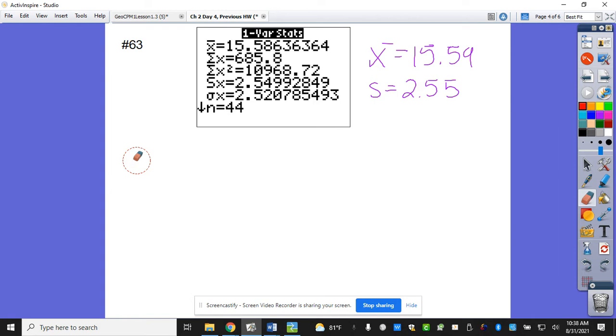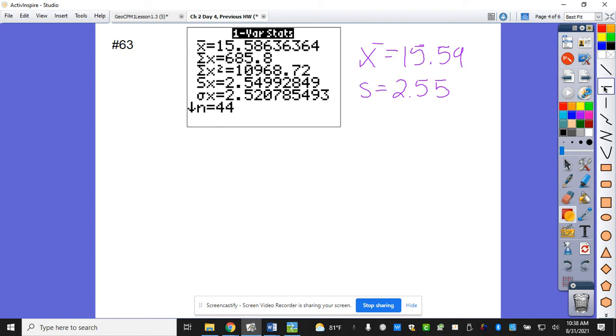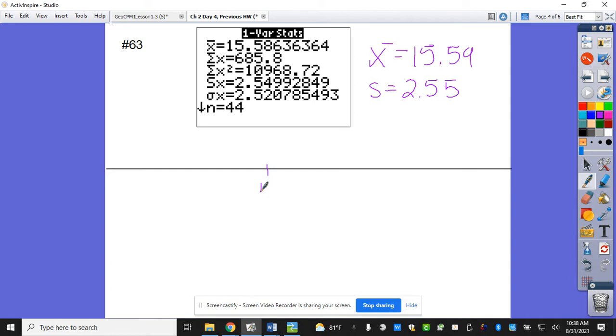Okay. So if your numbers are different than mine here with rounding, you can still be right, but yours is possibly going to look a little bit different than mine. That's fine. So at this point, I've got 15.59 here. I want to go 3 this way.